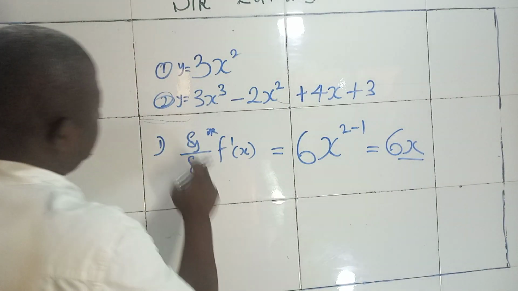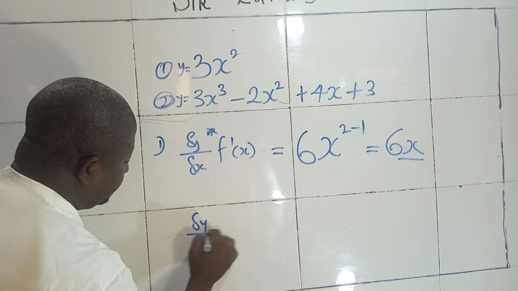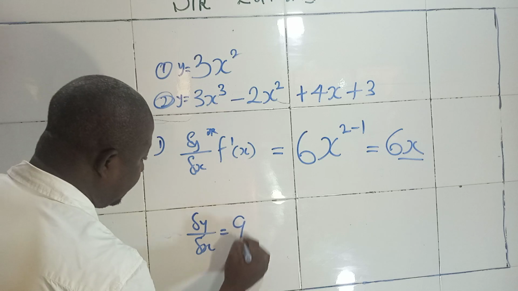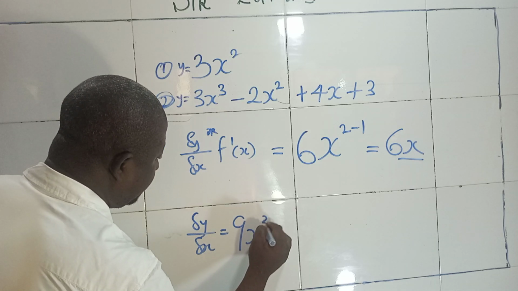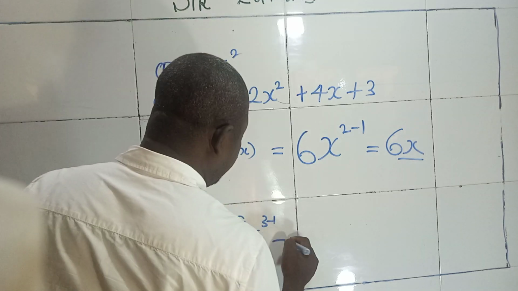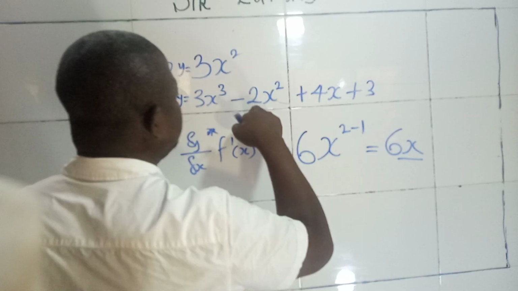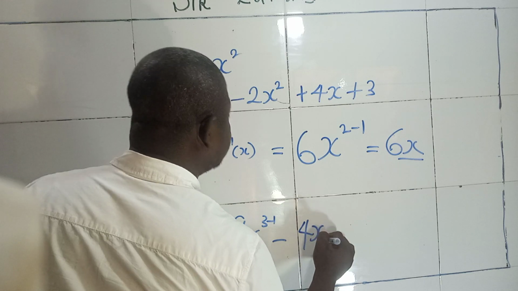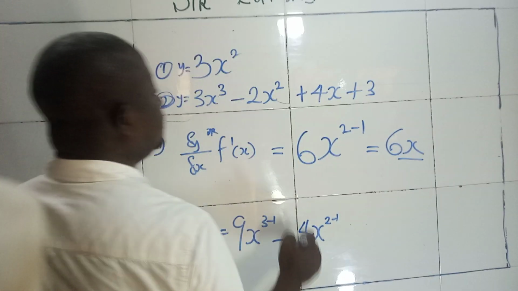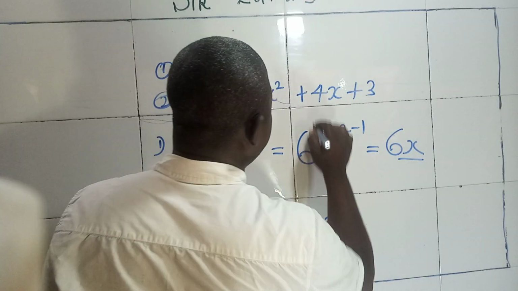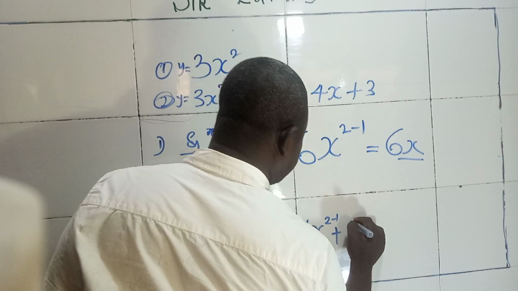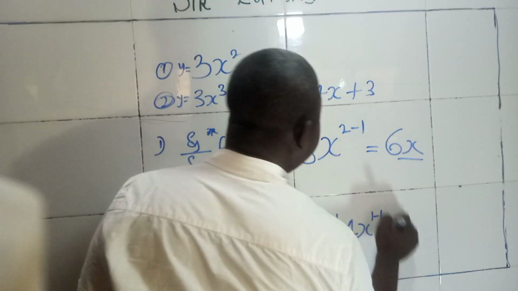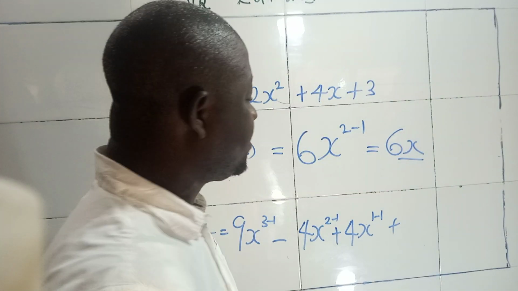Look at question number 2. Let me differentiate this. dy/dx is equal to 3 times 3, 9, x raised to power 3 minus 1, minus, you differentiate each, 2 times 2, 4x raised to power 2 minus 1, then plus 4 times 1 is 4, x raised to power 1 minus 1, plus the differential of a number is 0.